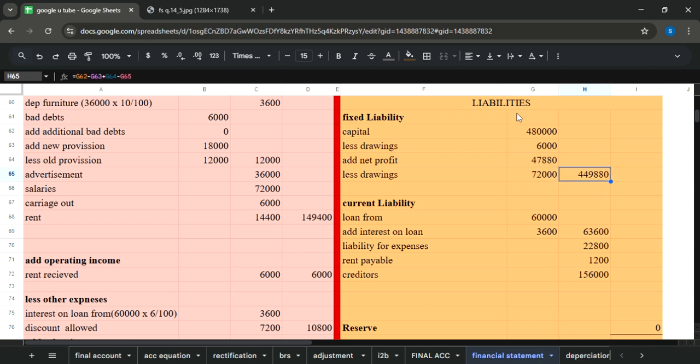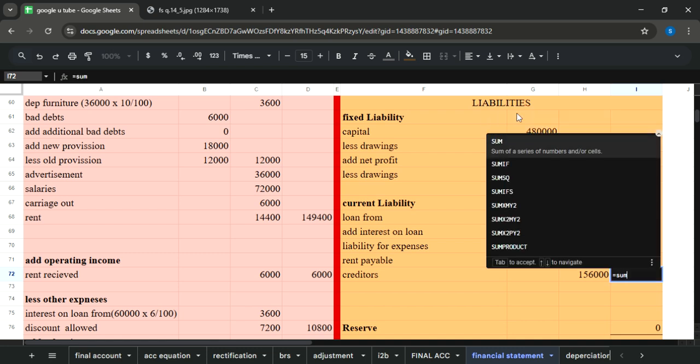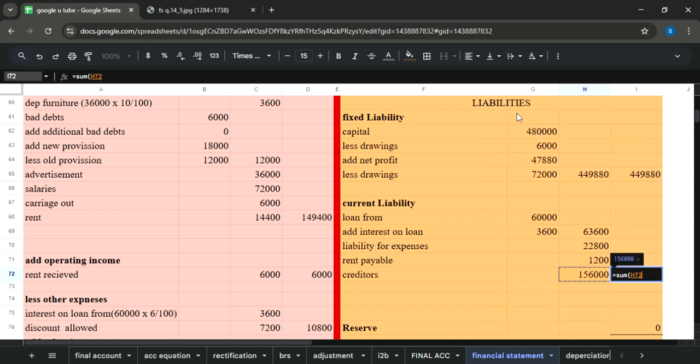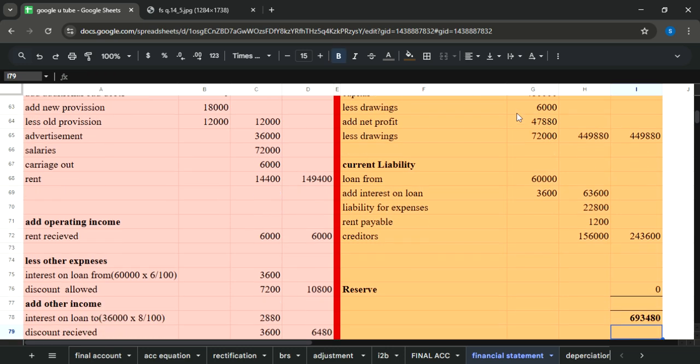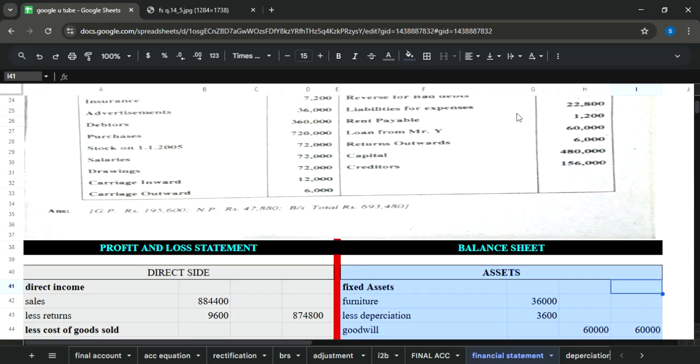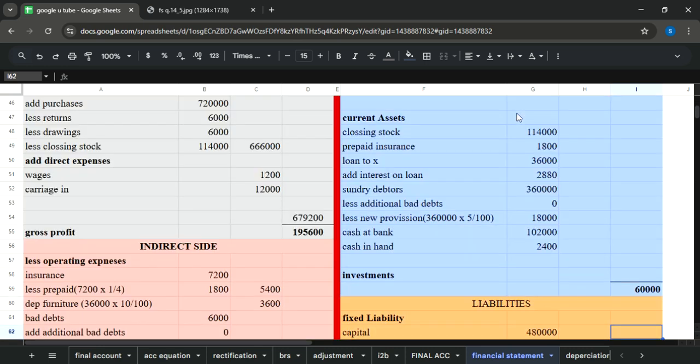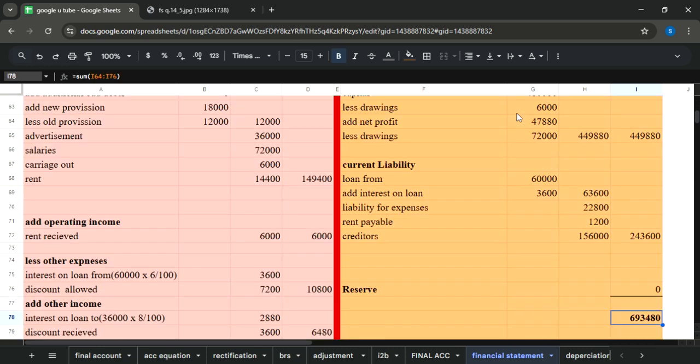What we have got is 449,880 as fixed liability total. We will now take the sum of current liabilities, total of current liabilities, reserve 0, and here we have calculated the total 693,480.